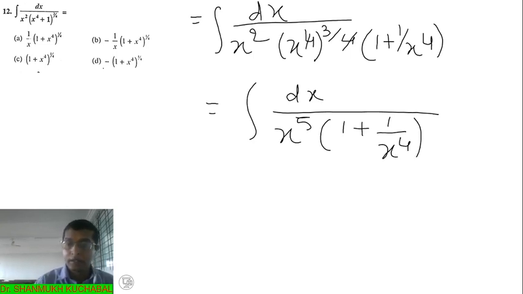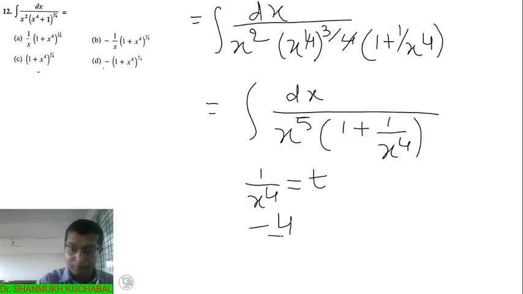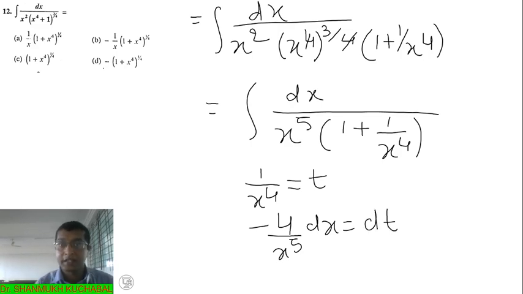Further, I use the method of substitution. 1 by x raised to 4, I take as a new variable t. Differentiating, we get minus 4 by x raised to 5 dx equal to dt. We are interested in dx divided by x raised to 5, so dx divided by x raised to 5 equals minus dt divided by 4.